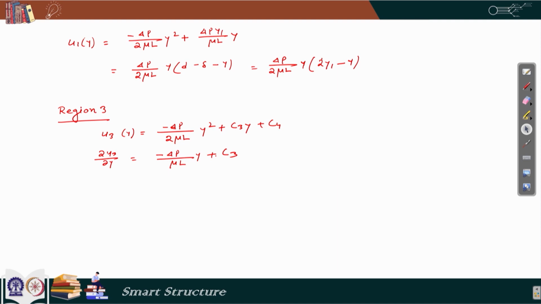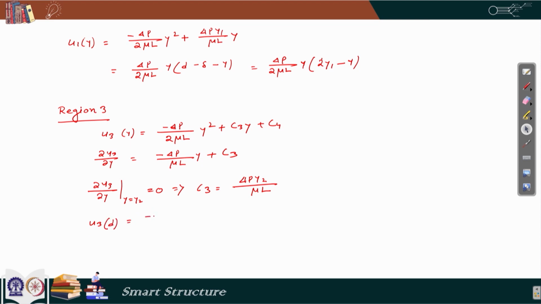Now, again we would do the same exercise to find out C3 and C4. Here we apply the condition that strain rate del u3 by del y evaluated at y equal to y2 is 0, and that tells me that C3 is equal to del p y2 by mu L. Then we can put the other boundary condition, which is u3 evaluated at d equal to 0.